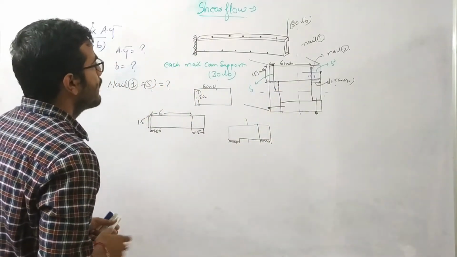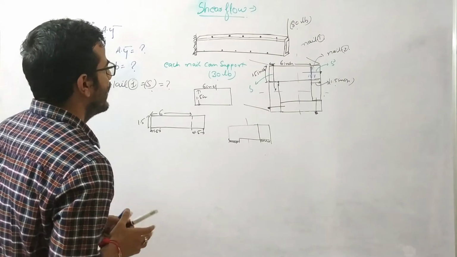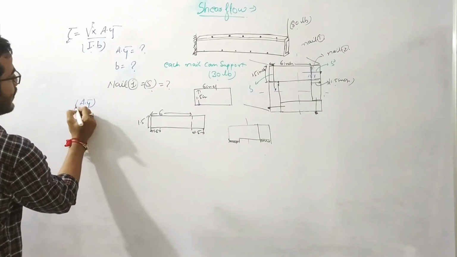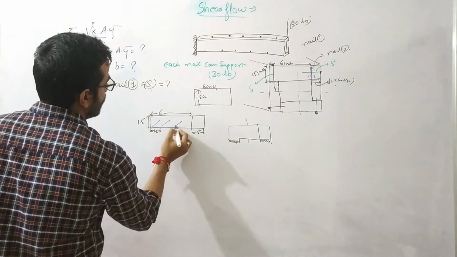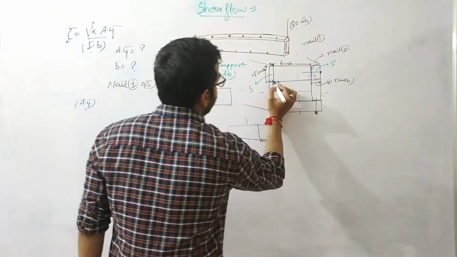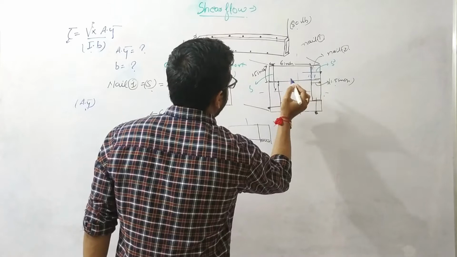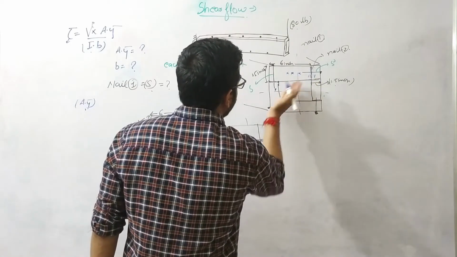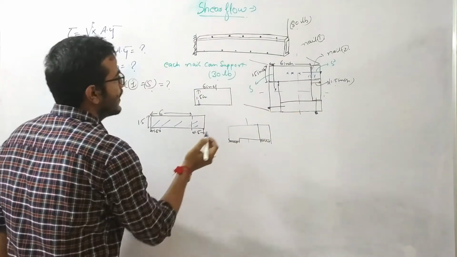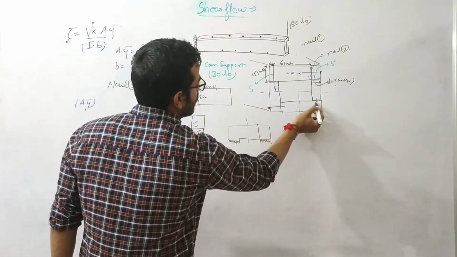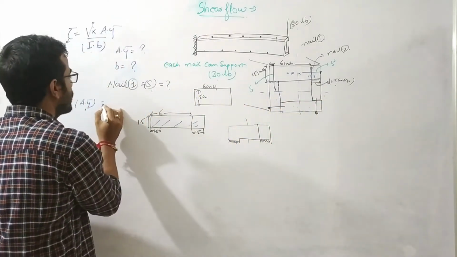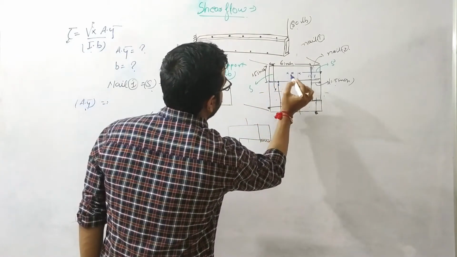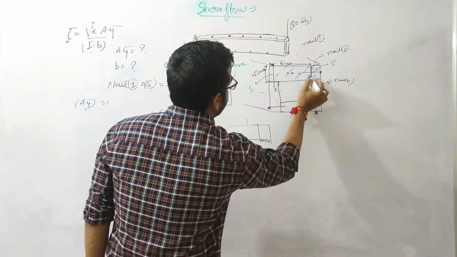So now what will be my AY bar? AY bar will be nothing but this area. I have made a cut over here, so I can calculate AY bar for this force. AY bar will be only this area above the cut or below the cut. If I am taking the area below the cut, the AY bar will be difficult to calculate. So that's why I'm taking AY bar for the area above the cut.